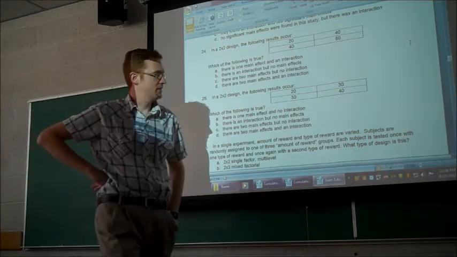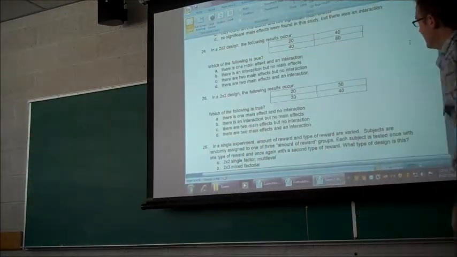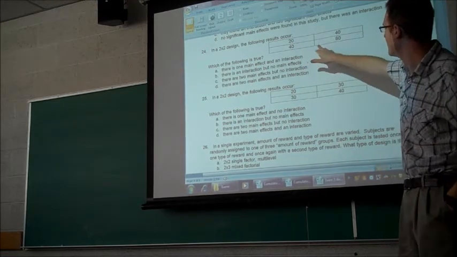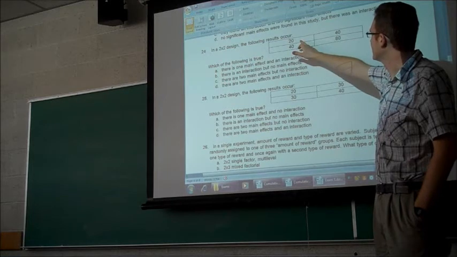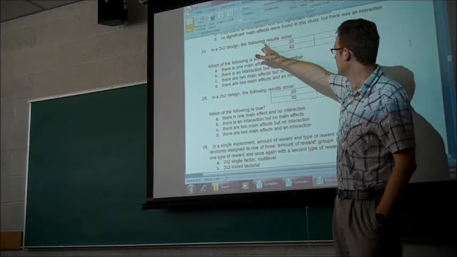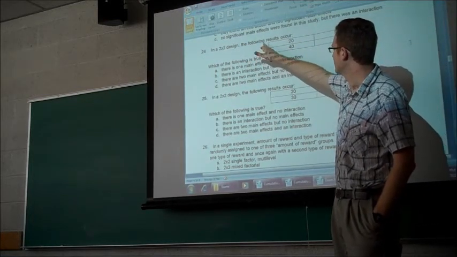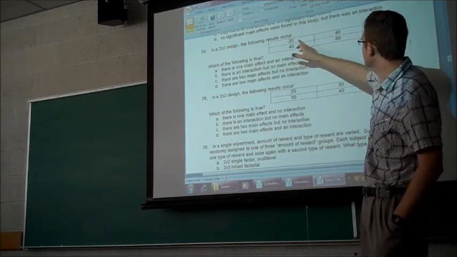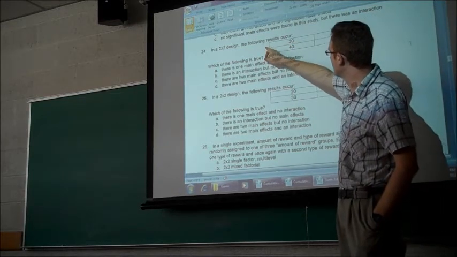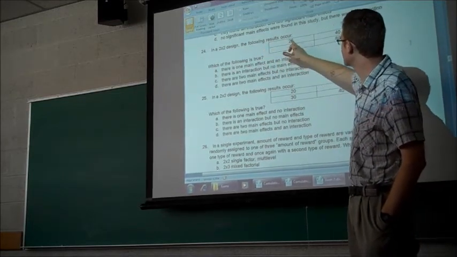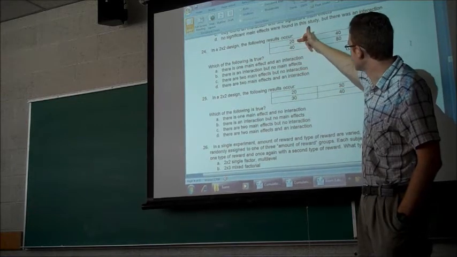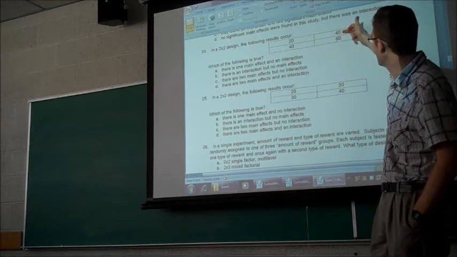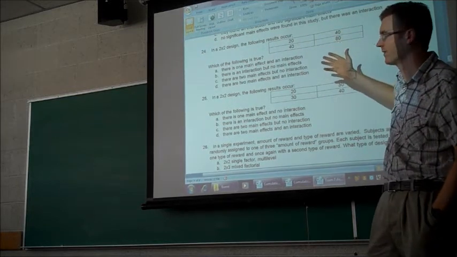So remember, the key thing to look at here is the degree of change. So for this first question here, we have the following results. We have level 1 and 2 of one variable and level 1 and 2 of another variable. And so we can see that for this variable along the vertical axis, there's an increase from 20 to 40, so that's by 20, and then 40 to 80, that's by 40, all right?